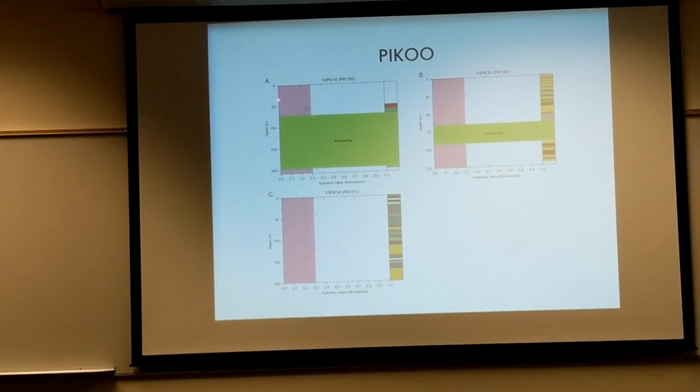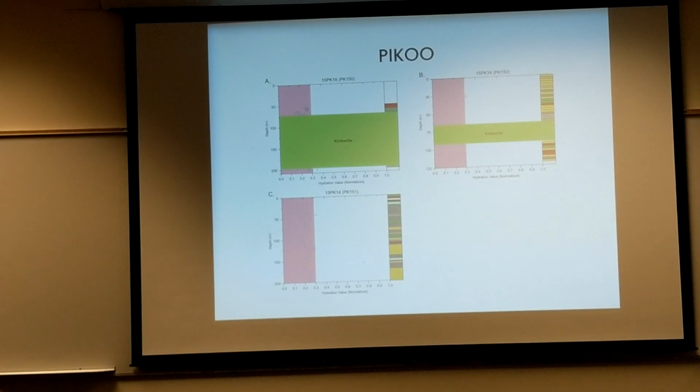And Pico comes. We measured Pico in the beginning. We wanted to make sure that we weren't just measuring everything and getting a result that showed us what we wanted to see. Pico is very important because it doesn't have a lot of data that goes into the hydration zone.